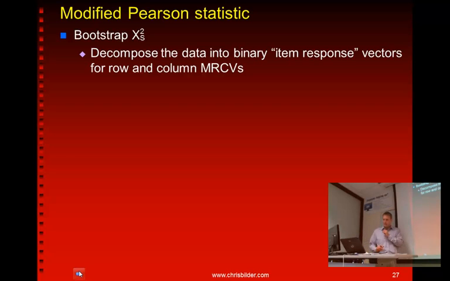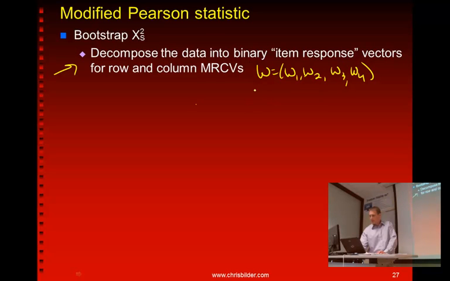Here's how I can do it. First of all, I decompose the data into binary item response vectors for the row and column MRCs. In other words, every individual has this, as we saw before. In terms of the Kansas farmer data, every individual has this.